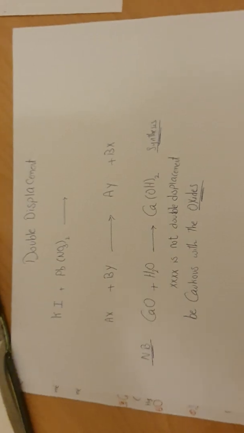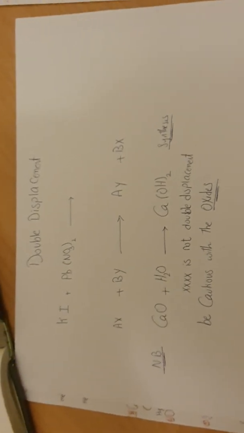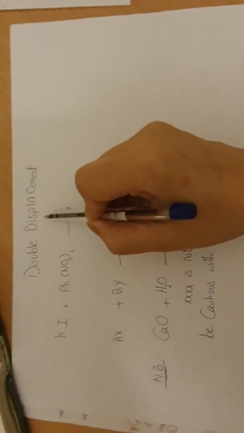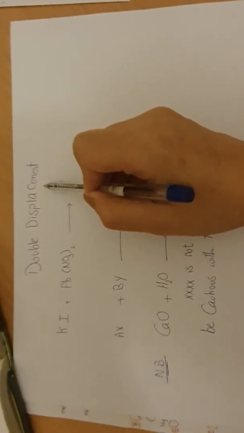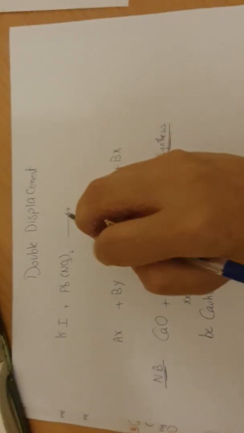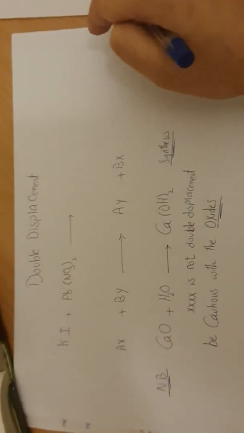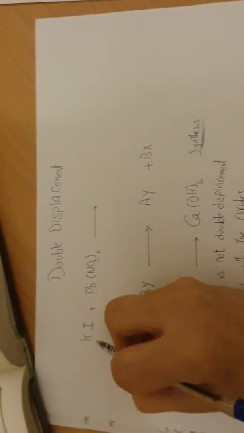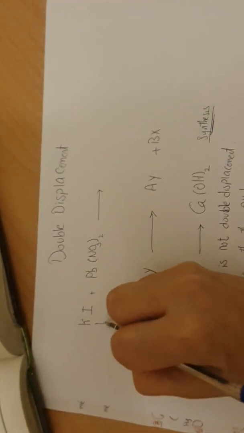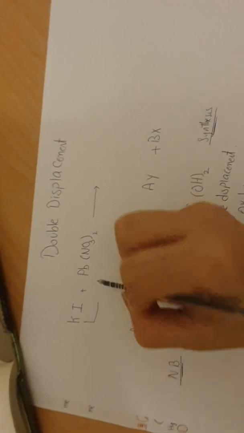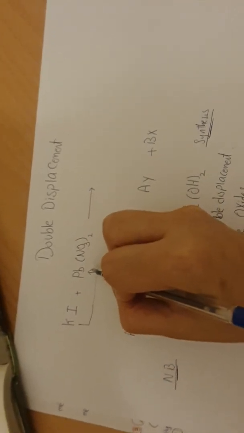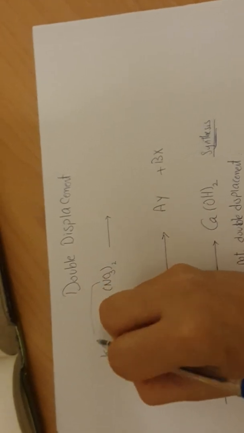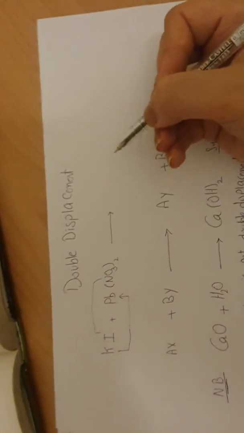Double displacement. When I say double displacement, that means, as I said before, displacement, that someone takes the place of another one. So here, in double displacement, there are 2 things that take the place of 2 other things. The simplest thing you will do is that the cation will take the place of the other cation, and the anion will take the place of the other anion.